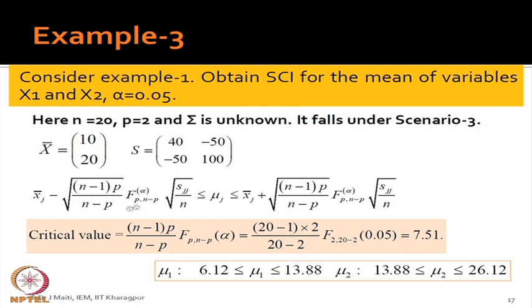Just put it into this equation. So, 10 minus the square root of 7.51 times the square root of 40 by n, where n is 20, less than or equal to mu 1, less than or equal to 10 plus this quantity.